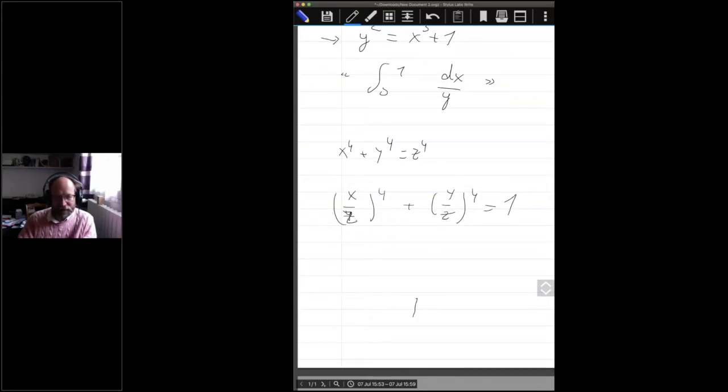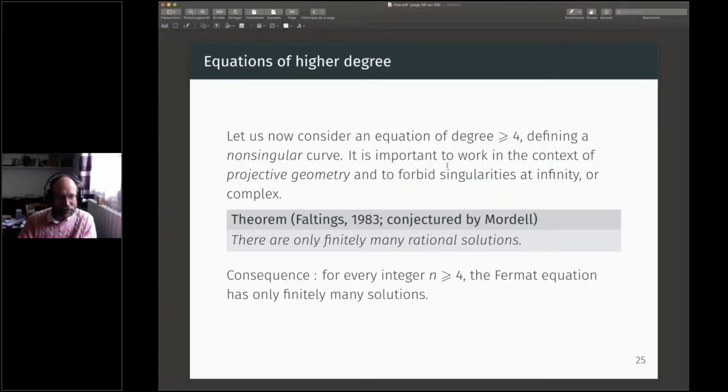And so it's a degree 4 equation in two unknowns, A and B. And in that case, there are no singularities and so on. And a consequence of Faltings' theorem is that for every integer n greater than 4, the Fermat equation has only finitely many solutions. And this has no consequence for the final proof of Fermat's last theorem, but it was already an important step.